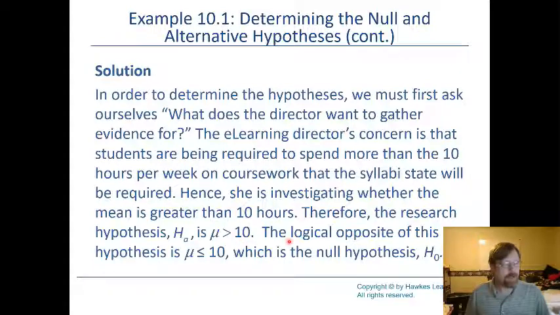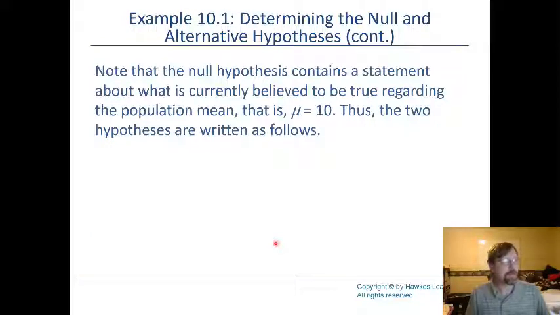So the logical opposite, which has to include equality, is that it is less than or equal to 10 hours. So that's our null hypothesis. It does include the equality of that being equal to 10. So the hypotheses are written as the null hypothesis, the mean is less than or equal to 10, and the alternative or research hypothesis, the mean is greater than 10.